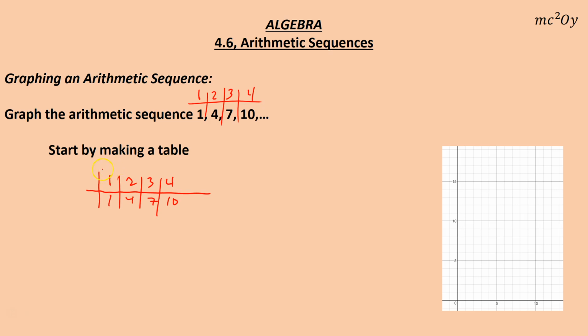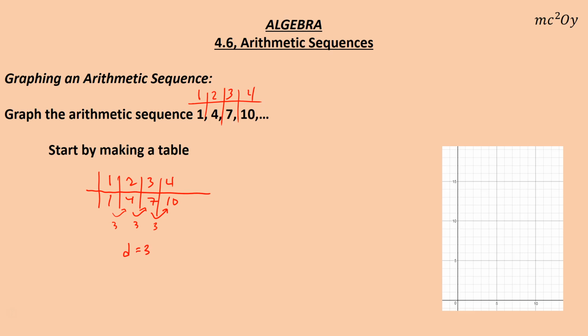That just means every time on top, the X value of our table, is always going to go up by 1. The bottom is where we're looking for our common difference. So if I was actually asked to find the common difference here, the common difference would be 3, because I'm adding 3 every time. So D would equal 3. Okay, it's not asking that. It's just saying graph it.